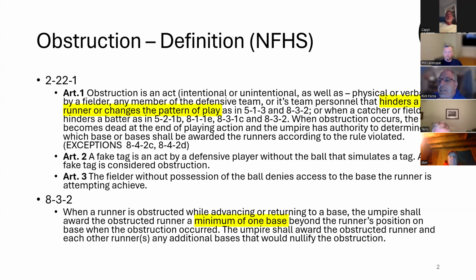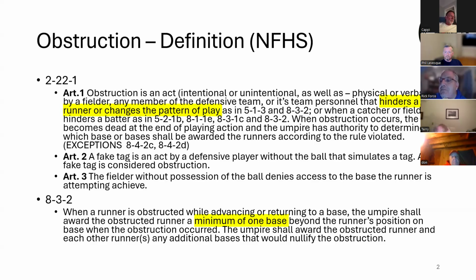He didn't obstruct him if he's still safe. You might want to have a proactive conversation with that fielder when you get an opportunity to say, hey, listen, what you did could have caused obstruction, so be careful, don't do that next time. Something along those lines. But I've always thought of it as if there was really no obstruction.